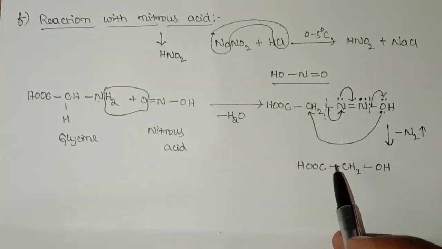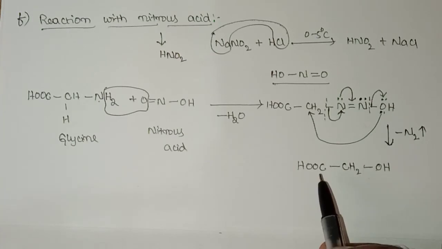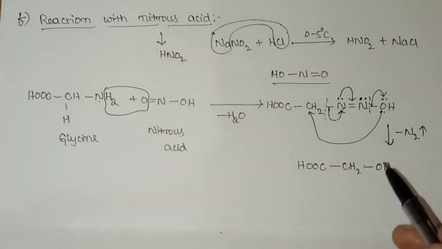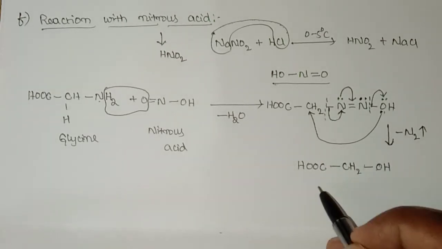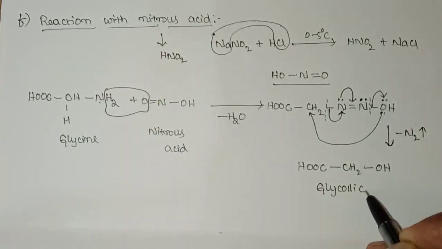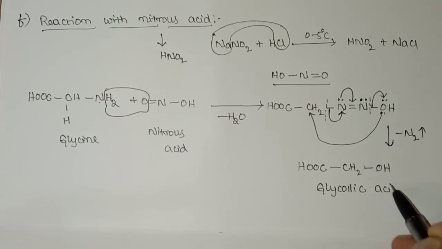In this case, the hydroxy carboxylic acid produced can be given two names: one is the common name and the other is the IUPAC name. In the common name, this material is simply called glycolic acid, since it is produced from the amino acid glycine.